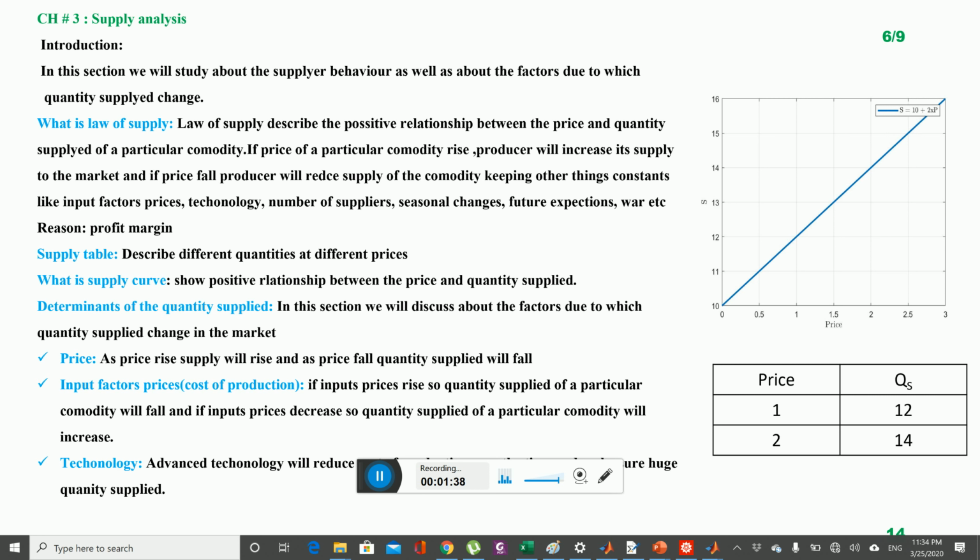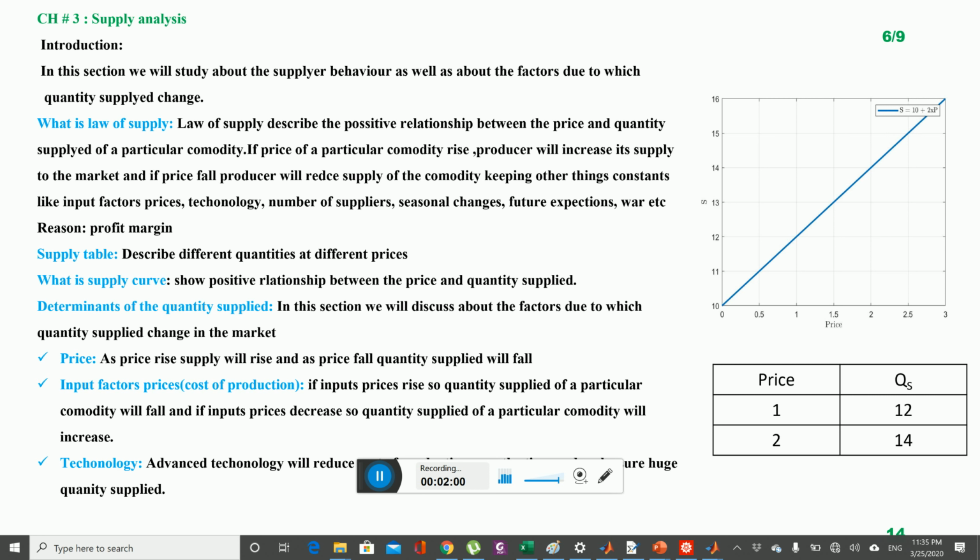Now, what is the reason for this positive relationship between the price and quantity supplied of that particular commodity? The major reason is profit margin. When the price of the commodity increases and the cost of production is the same, input factor prices do not change.